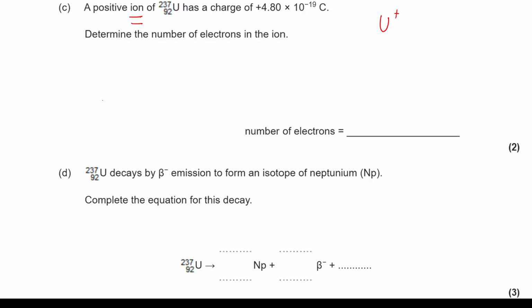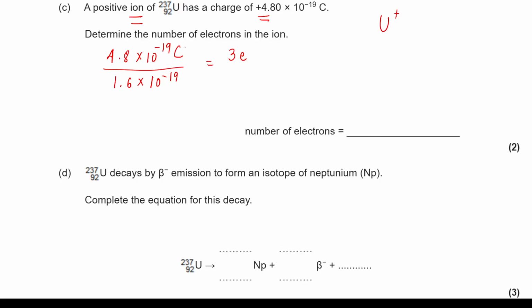If you divide 4.8 times 10 to the power minus 19 coulombs by the charge of one electron or one proton, this is what you're getting. So 3. So it has lost 3 electrons.